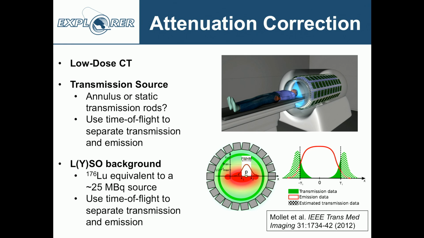Now, in some ways, this is a nuisance because it causes a background, and in fact is going to be an interesting challenge for some of the very low dose studies we're interested in doing. But it also provides a radiation source that could be used to create those attenuation maps as well. So lots of interesting things to study in this area to trade off the quality of the anatomic information, the attenuation map, versus radiation dose.